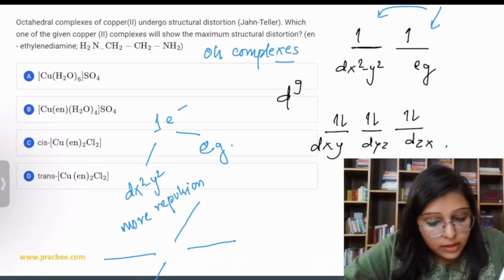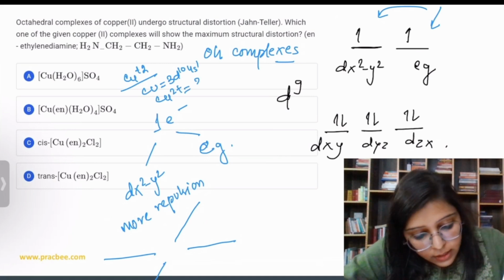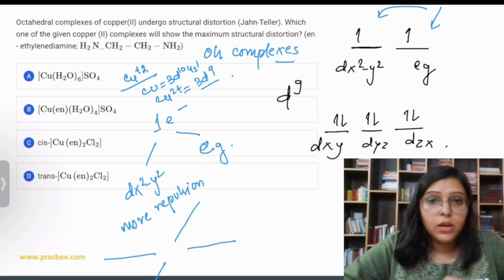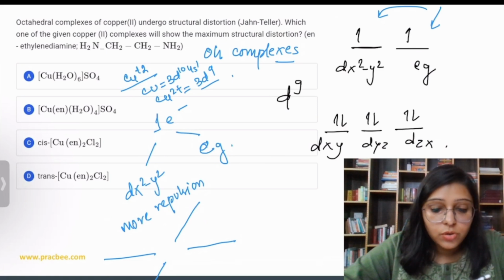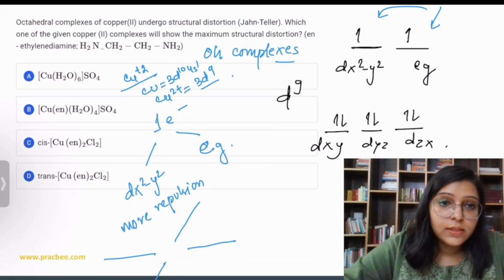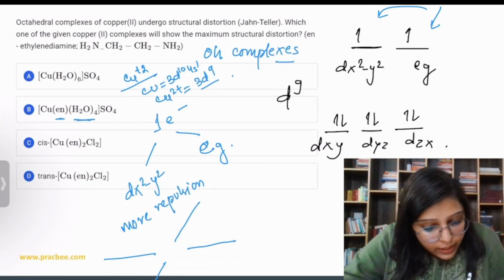Copper 2 plus. Copper is 3d10 4s1 and copper 2 plus is 3d9 configuration. So now in which one are we going to have maximum distortion? How can we say this? When we have the same ligand, for example here H2O4, here en, here H2O6, here en2 and Cl2.